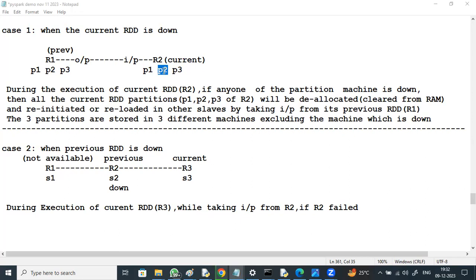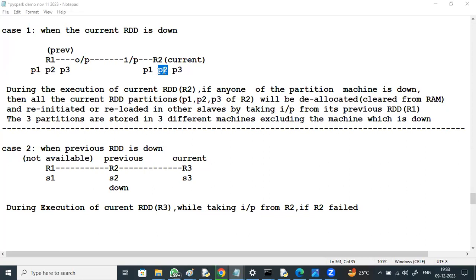It has information about R1 also, where R1's P2 data is, which machine has those results. Can we use that information and send only the P2 data?